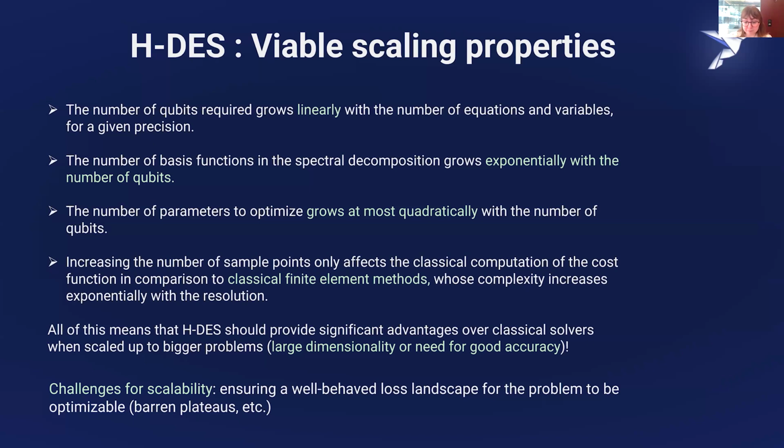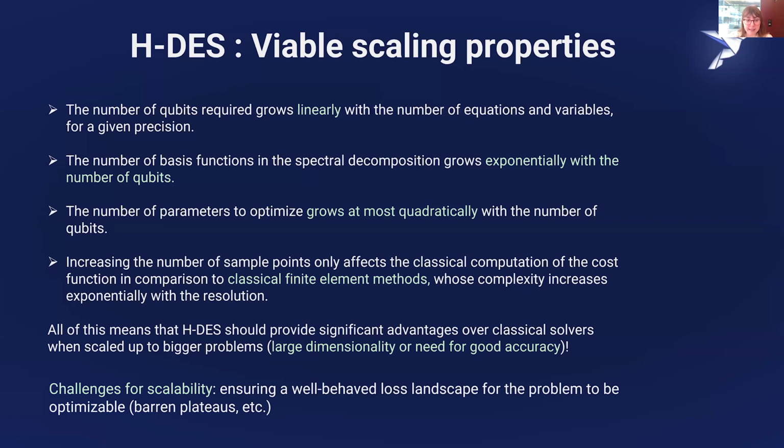So basically, once you solve your system of equations, you can sample the solution as heavily as you want down to essentially numerical precision. So you can get very high resolution results without increasing the computational cost. And what all of this means is that HDES should provide very significant advantages over classical solvers once it's scaled up to bigger problems. So basically, once we have problems with very large dimensionality, a lot of variables, or a need for very good accuracy.